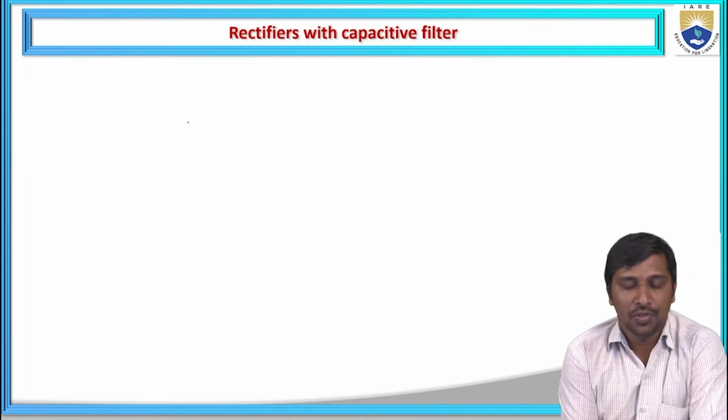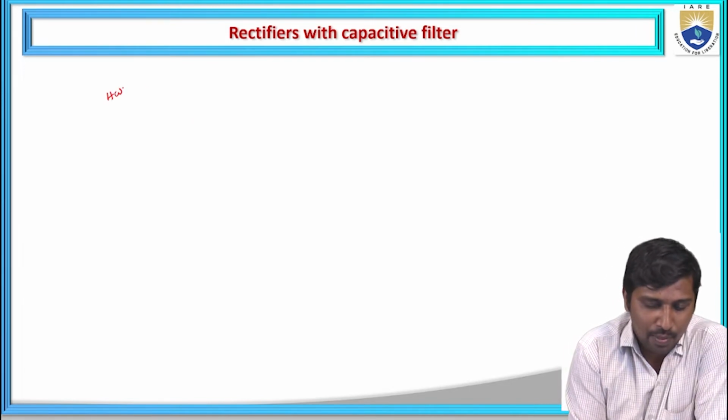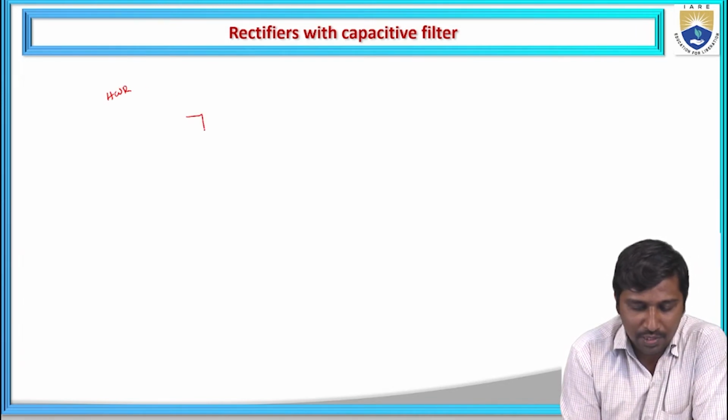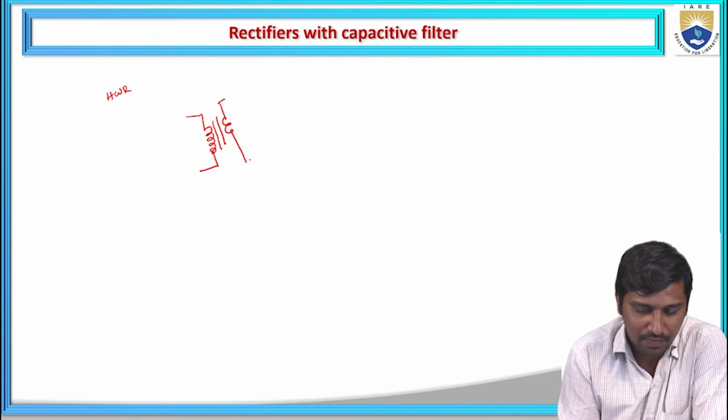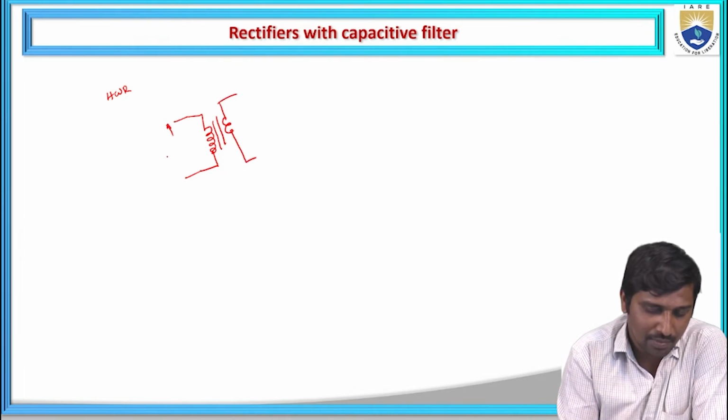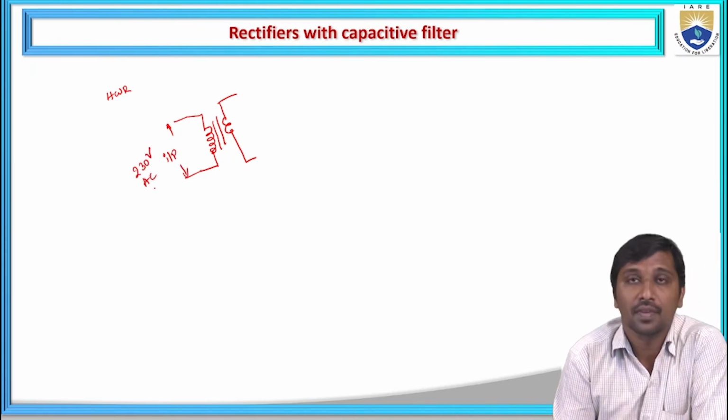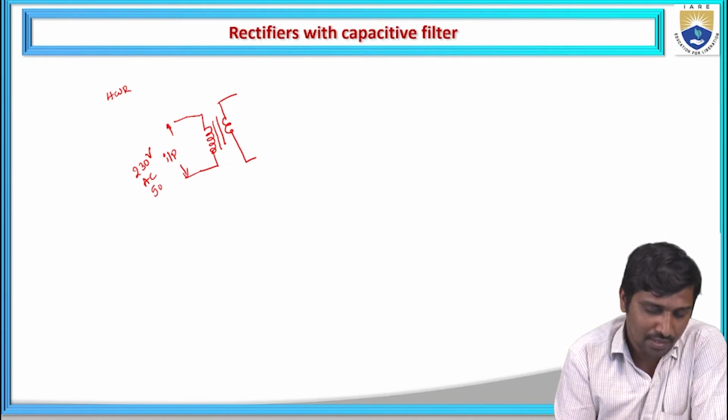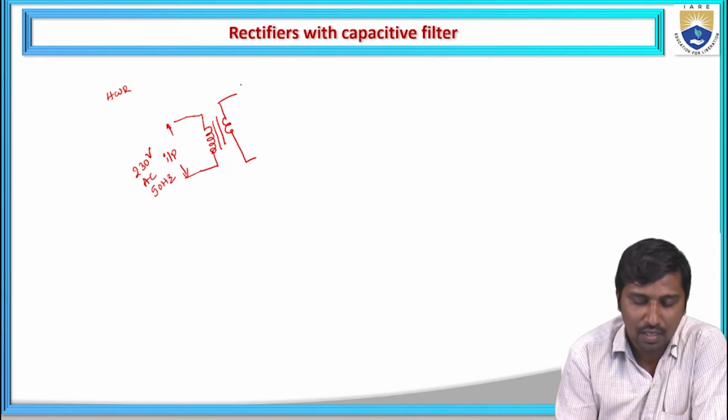If you observe the circuit of your rectifier, we know that this rectifier contains a step-down transformer, and on the input side we are applying the primary input voltage, that is a 230 volts AC source, and the frequency is 50 Hz.